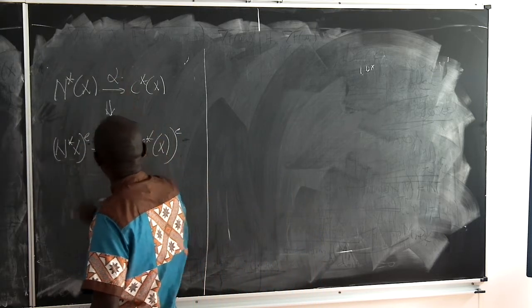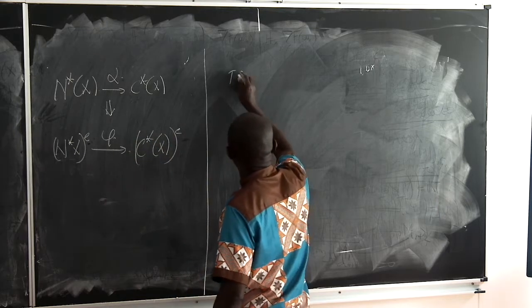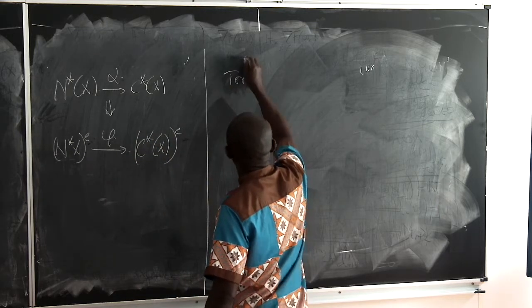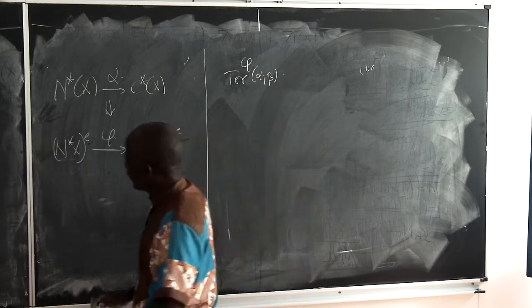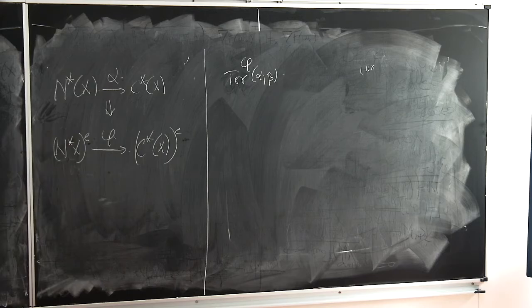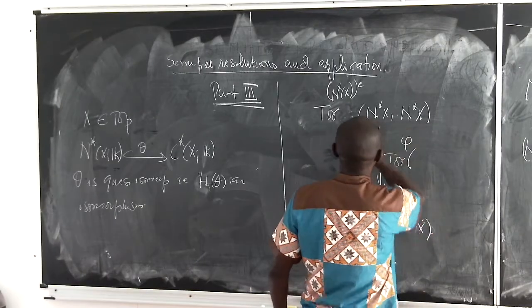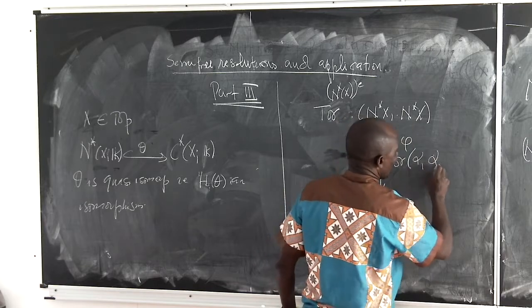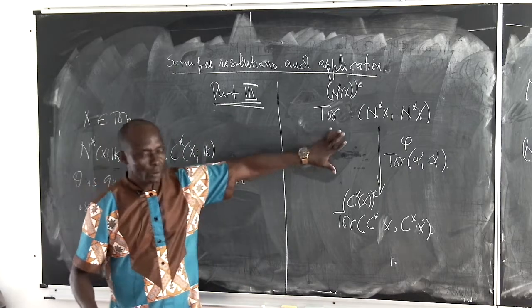Let me call this map alpha. So by applying the relation phi, alpha, beta that I defined before, we have here the Tor of phi, alpha and alpha here. This is what we have here.